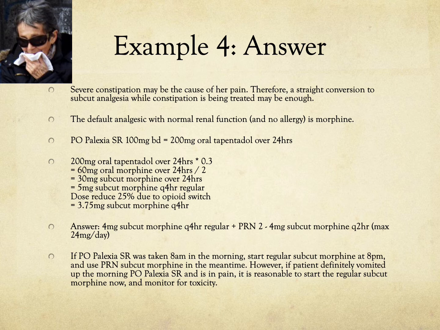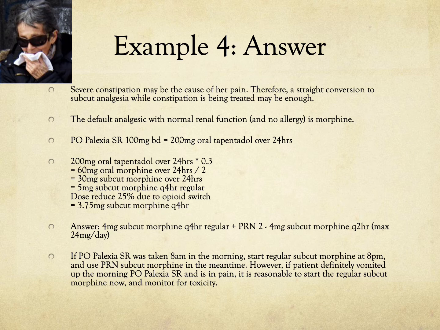So, oral Palexia slow release 100 mg BD is 200 mg of oral tapentadol over 24 hours. Times 0.3 to get to oral morphine equals 60 mg oral morphine over 24 hours. Divide by 2 to get to subcut morphine equals 30 mg subcut morphine over 24 hours.